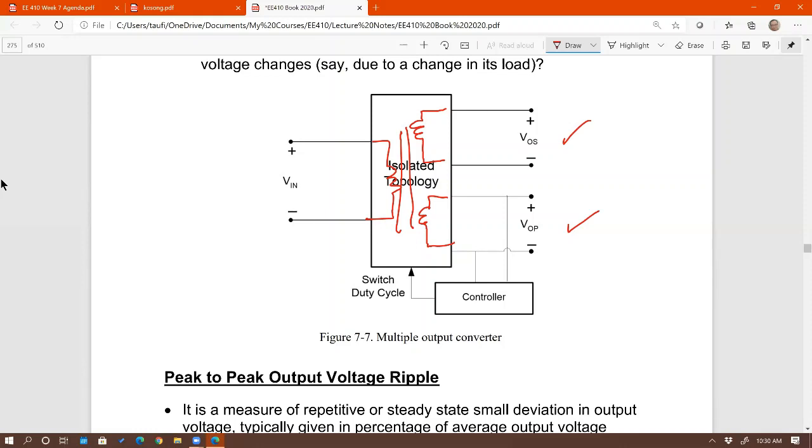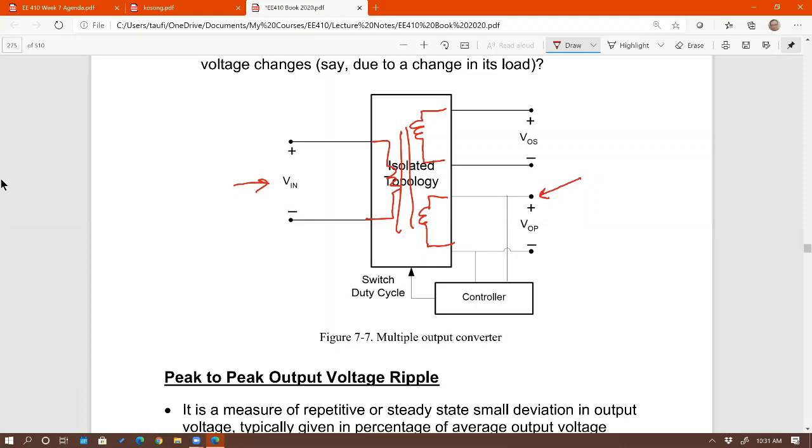Okay, now, if this is the case that we have, then what happens if, let's say, the input voltage changes? What's going to happen? Well, if the input voltage changes, then this feedback right here will sense it, right?